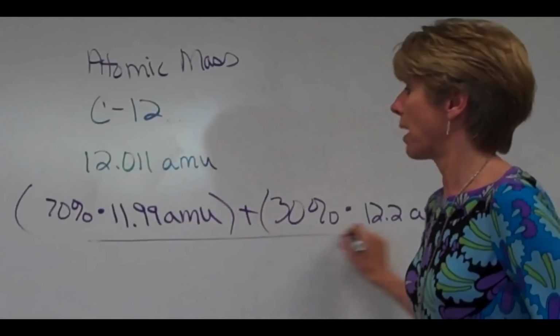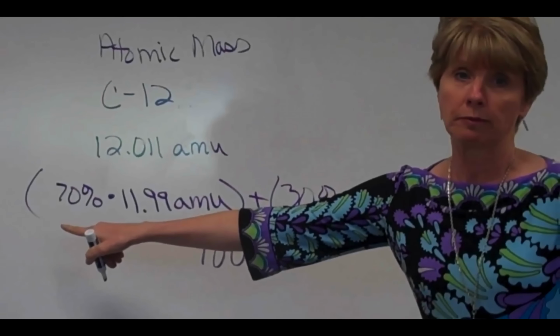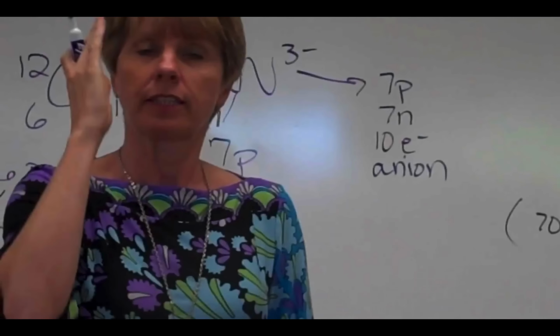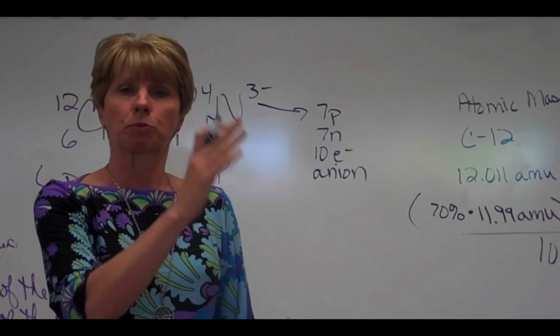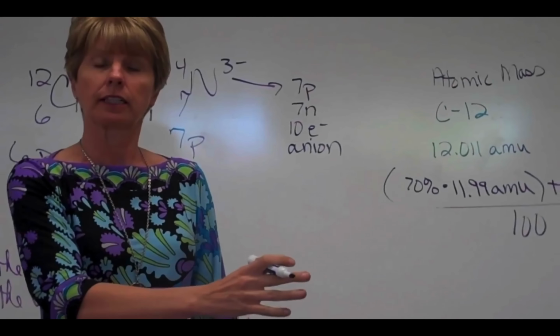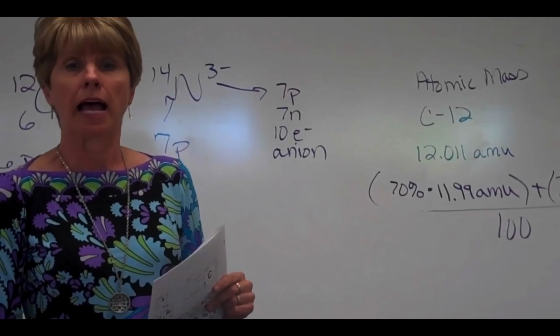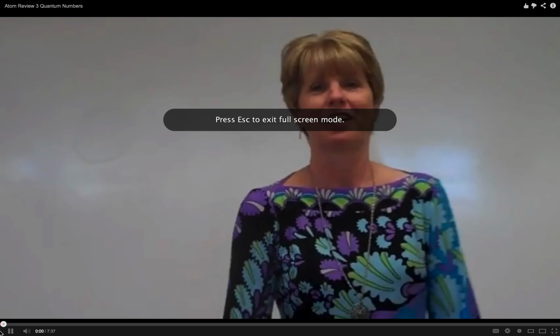And then you divide it by 100 if you don't change the percent to a decimal. Okay? Percent times mass plus percent times mass plus percent times mass divided by 100 is the average isotopic mass of an element, which is what you see right here.